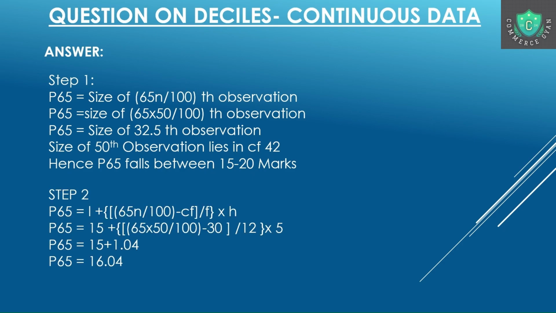L is the lower limit of that class, which is 15, plus 65 times 50, which is the total size, divided by 100, minus the cumulative frequency of the previous class, that is 30, divided by 12, which is the frequency of that particular percentile class, and this entire thing into the class width of that percentile class, which is 20 minus 15, which is 5.